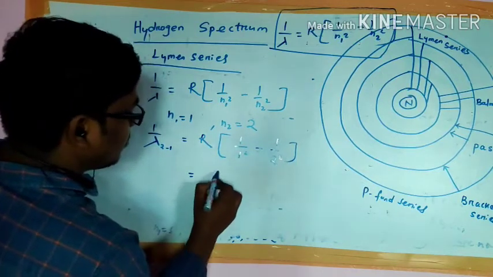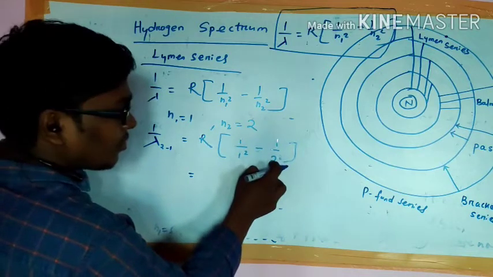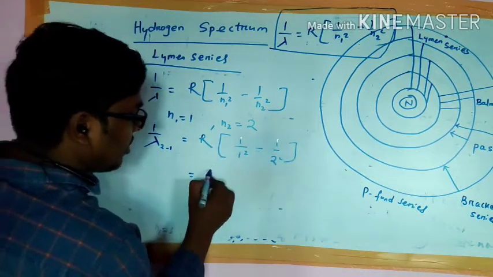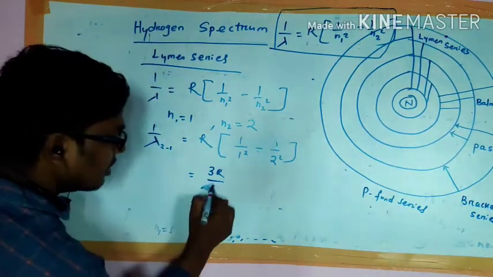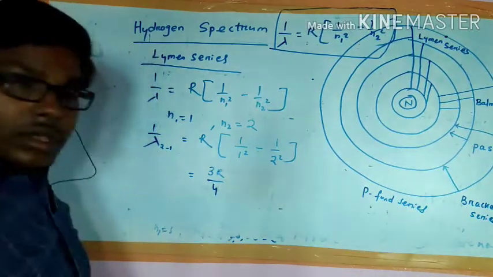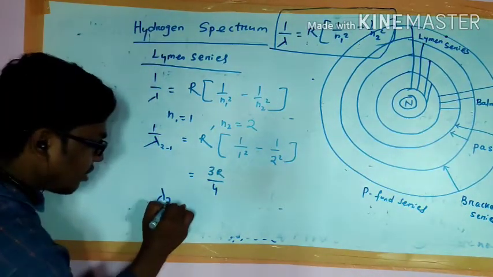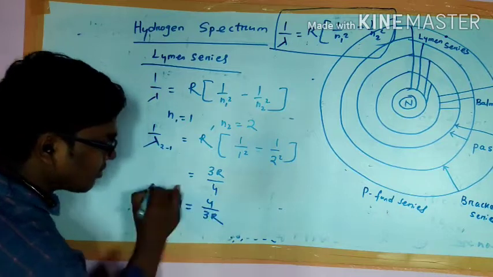This is equal to 3R by 4. Then lambda for 2 to 1 is equal to 4 by 3R.